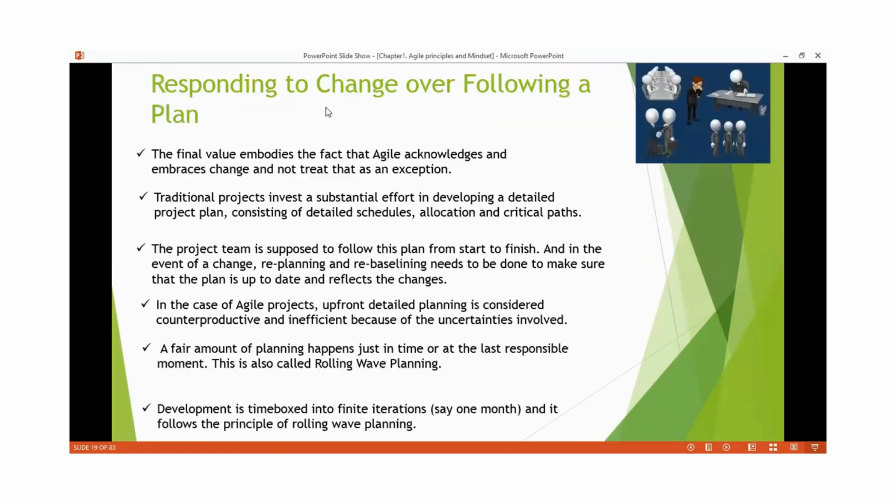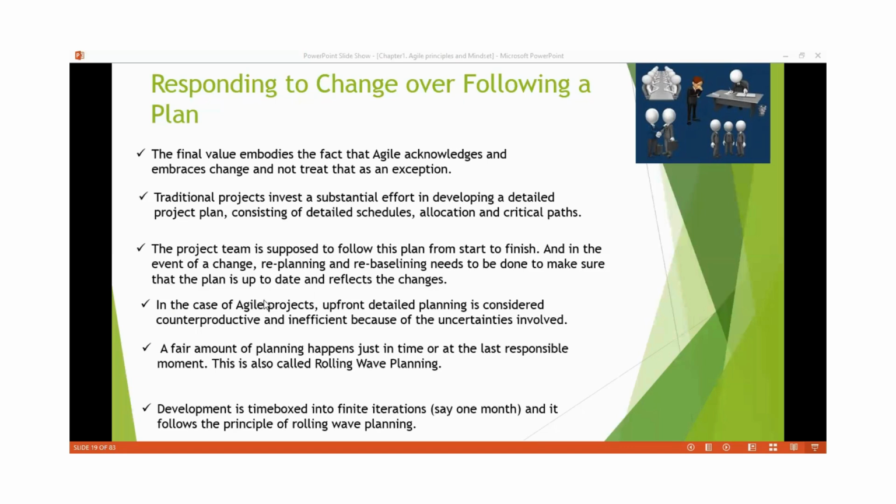So when you look at responding to change instead of following a plan, the final value is that Agile acknowledges and embraces change. So you need to be able to respond to changes even in late development. Again, you need to evaluate the scope and time budget, but since it's a small feature, it will be easy to replan it, redesign it, rebaseline it, and deliver it in the smoothest way.